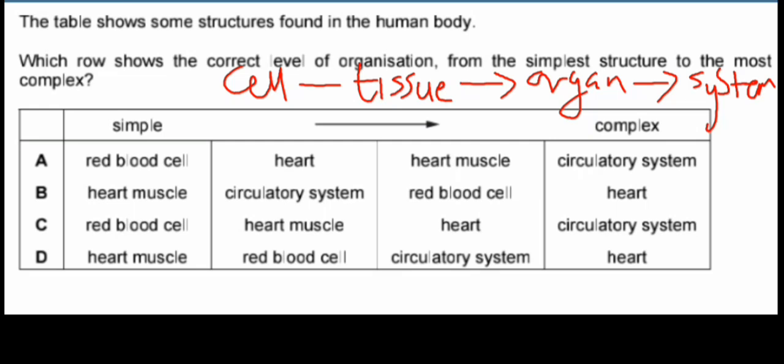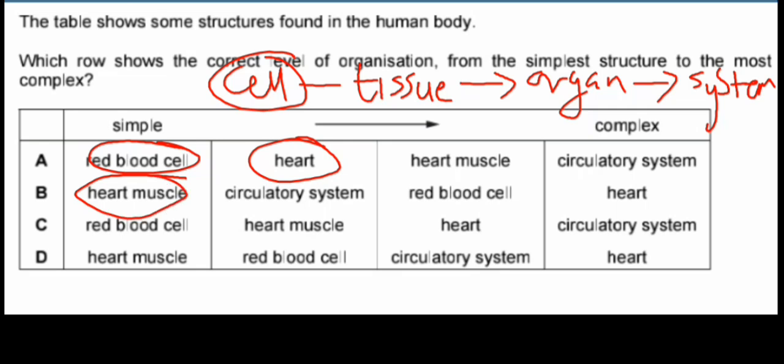So looking at the options that we have here, A is saying we have the red blood cell. Of course, it's going to be qualified to be a cell. The heart. The heart is not the tissue, but it is an organ. So A is not the answer. B, we have the simplest one, the heart muscle. Heart muscle is not a cell.